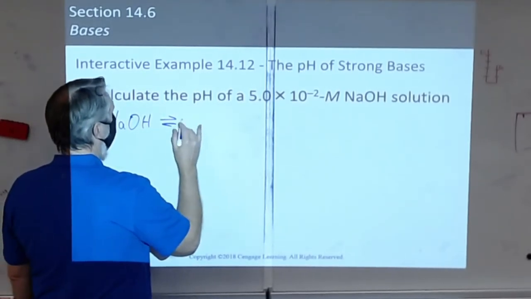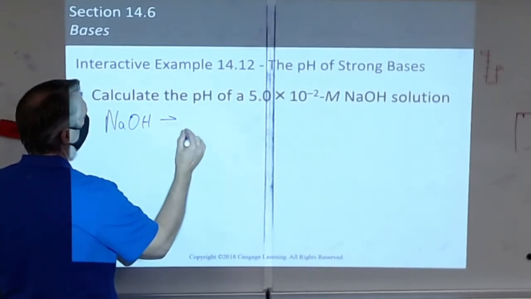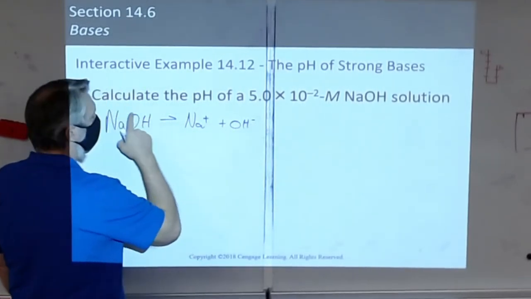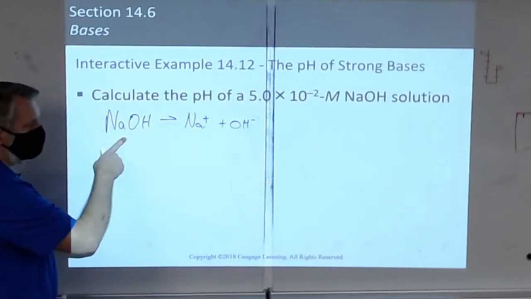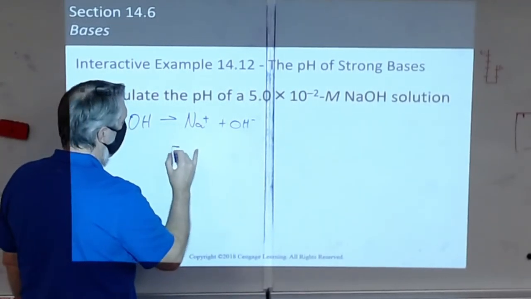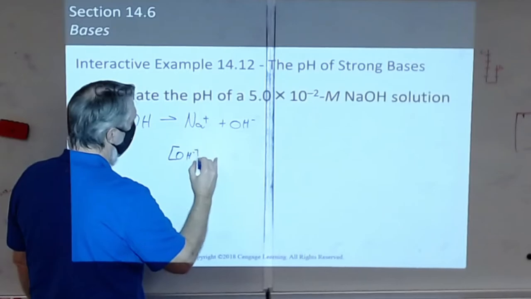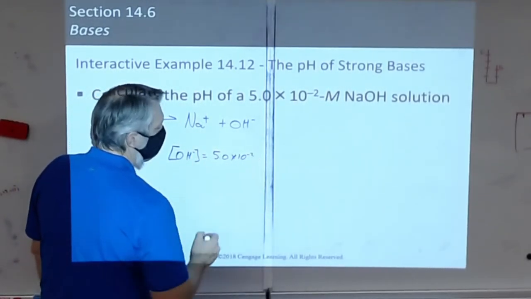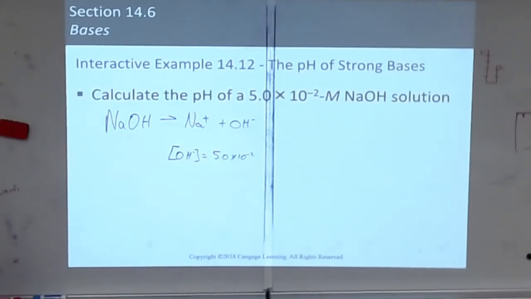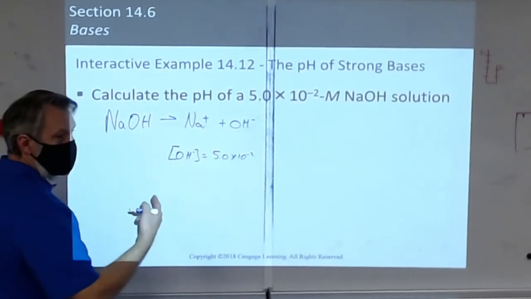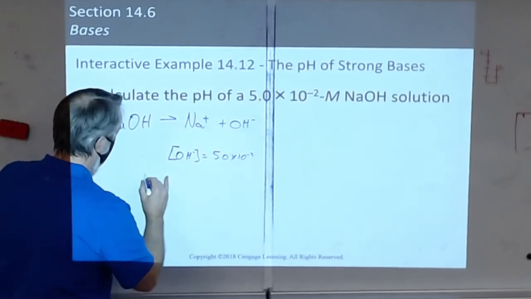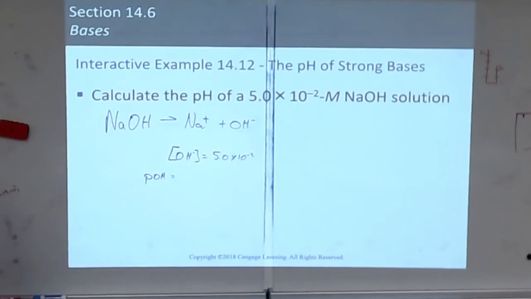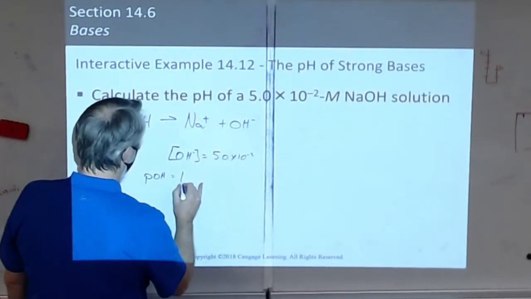That means if I take NaOH, I'm going to assume that whatever the molarity of this is also the molarity of the hydroxide ion. Simple way to handle this is to take the pOH of this. pOH of that would equal what? 1.3.